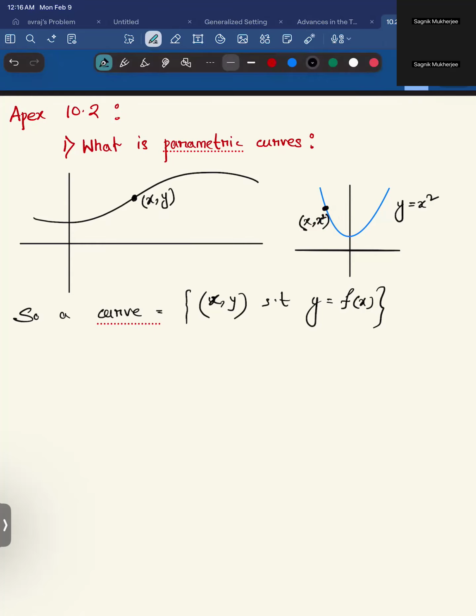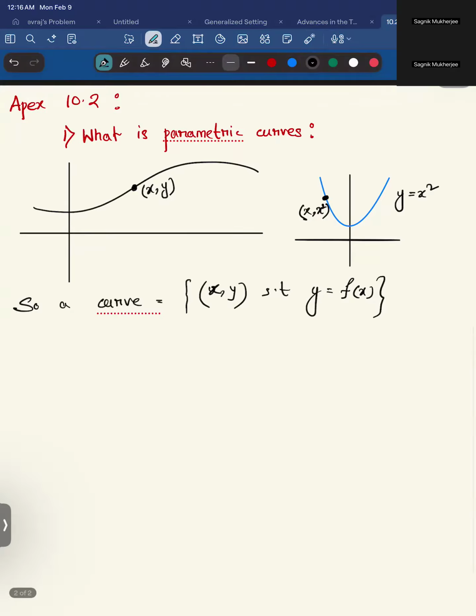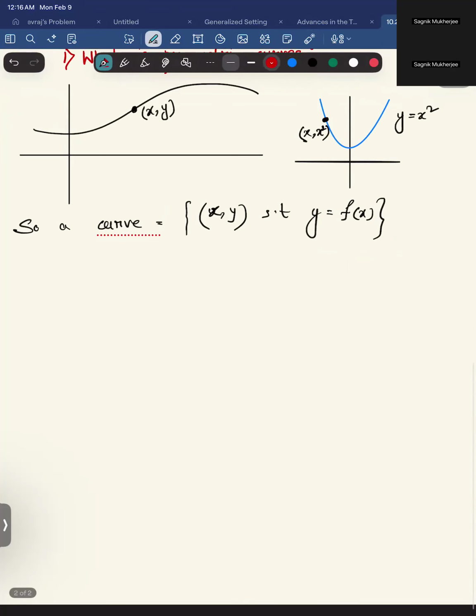But it is very possible that there is not a well-described relation between y and x. For example, one may consider this.